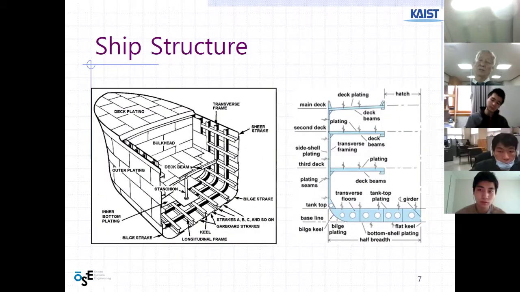So typical ship structure is very complicated like this one, because it is made of steel plate, and the steel plate is four-sided and flat.